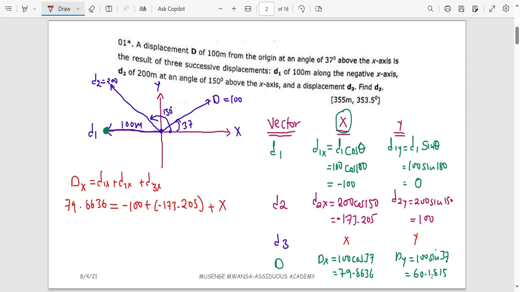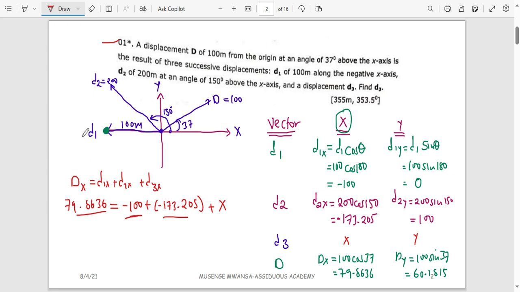We are saying 79.8636, this number here. I'm going to take the 100 to the other side of the equation, so it will become positive. So it will add to that 79. And then I'll take this negative 173. If it goes to the other side, it also becomes positive. So it will also be plus 173.205.